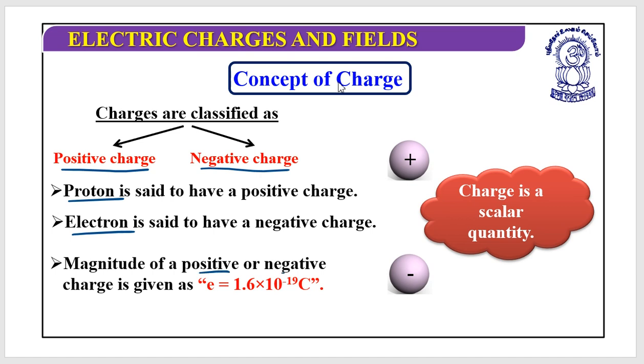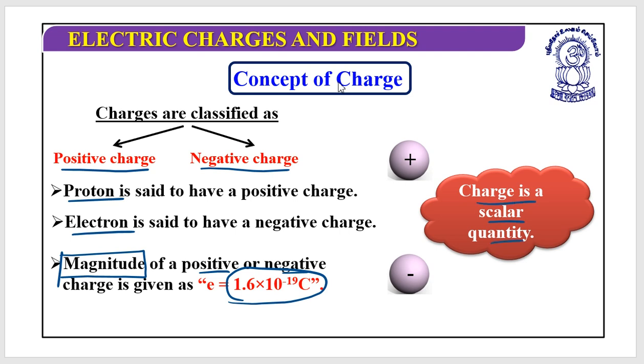And the magnitude of a positive or negative charge, mind well, I am talking about the magnitude, the value only, is 1.6 into 10 to the power minus 19 coulomb. Please do remember this. One very interesting thing is that charge is a scalar quantity.